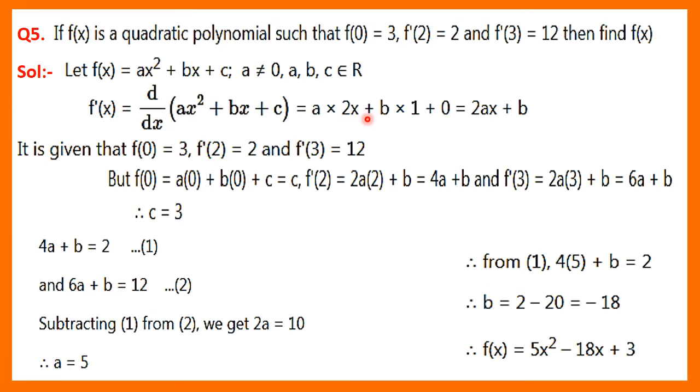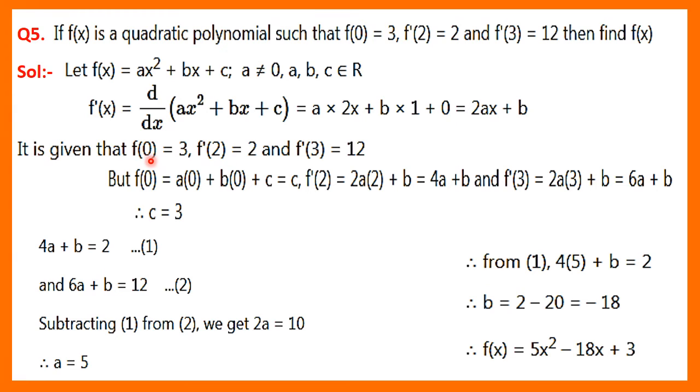So 2x plus b into derivative of x, that is 1, plus c. C is a constant alone, so its derivative is 0. So f dash of x is 2ax plus b.